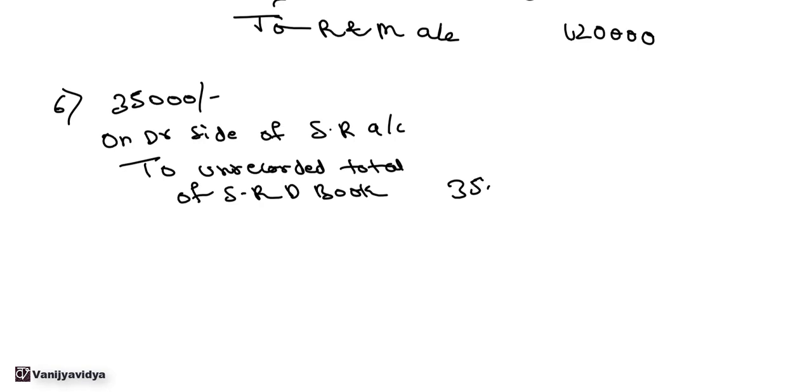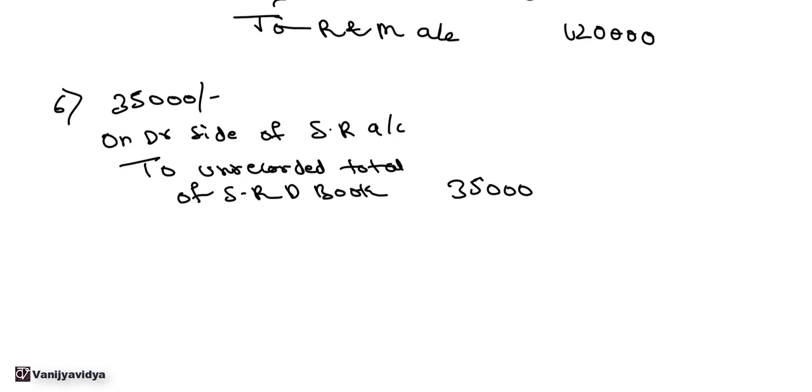Now this is a partial entry. There is no second effect of this entry. Since the second effect, that is the credit to your debtors account, has been already done, this is a partial entry. So there will be only one effect on the debit side of sales return account.